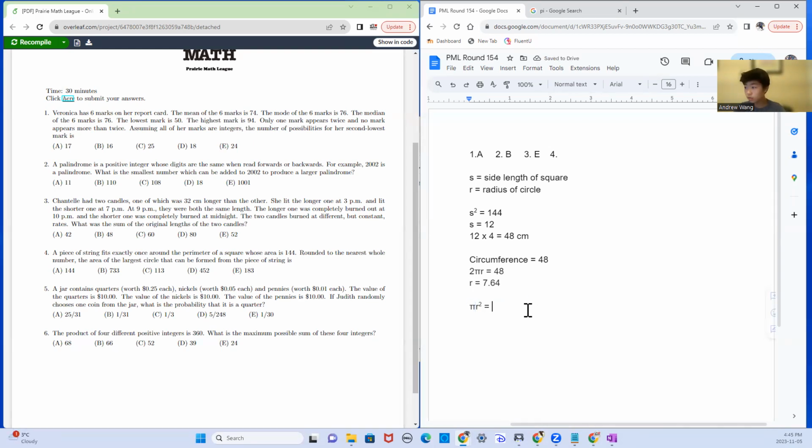Usually you simplify pi to 3.14, but if you have a calculator, it will handle pi after you square the radius, and that will give you an answer of 183. So the area of the largest circle that can be formed from the piece of string used on the square is 183. So the answer to question 4 is E.